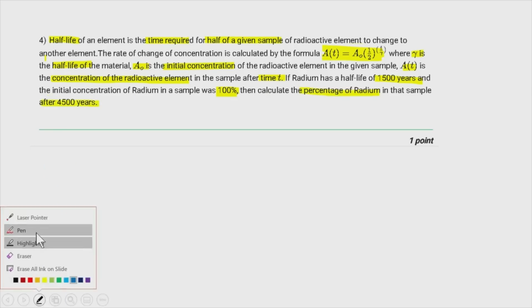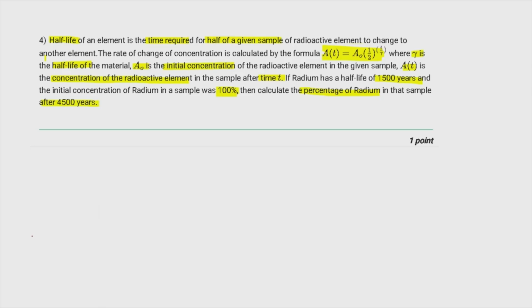Okay, so now in this question we have been given that we have radium जिसकी initial concentration 100% थी और उसकी half life 1500 years है. और एक formula अपन को दिया हुआ है कि at any time t I can calculate the concentration by this formula, where A0 is the initial concentration, half raised to the power t upon gamma, where gamma is my half-life.